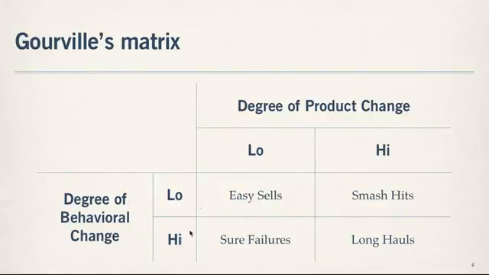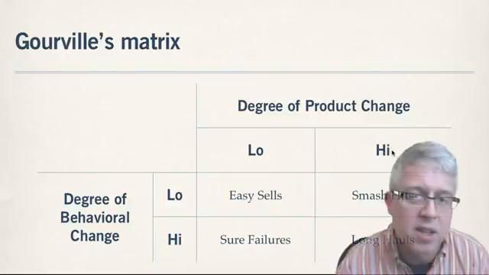And then degree of behavioral change from low to high. So we have a 2x2 and 4 different kinds of products. So generally what you want to have is this right here. So we have a lot of product change. So it's a really much better product. And yes, think about that.